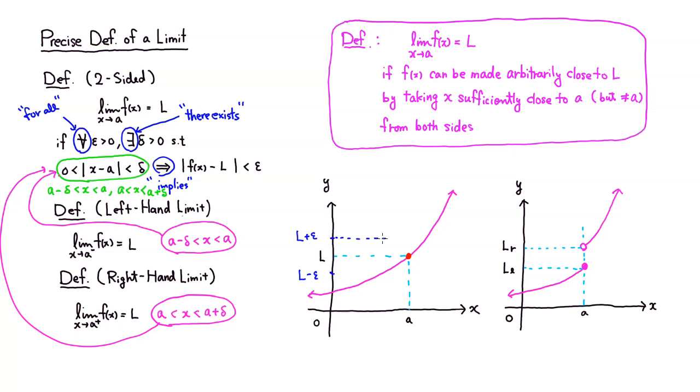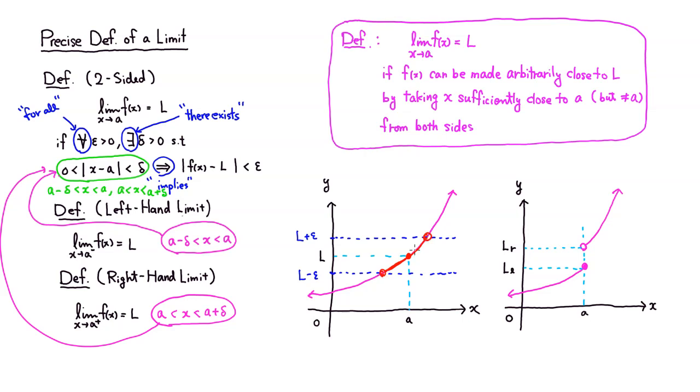So we want the function value to be smaller than this value, L plus epsilon, and bigger than L minus epsilon. So you can see that the acceptable function values are between here and there, right?